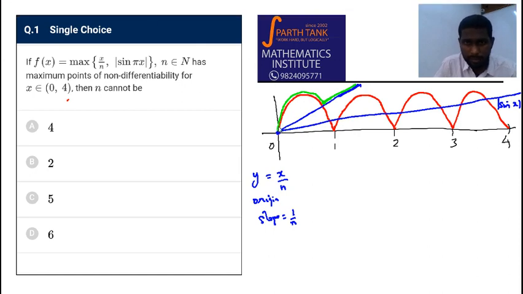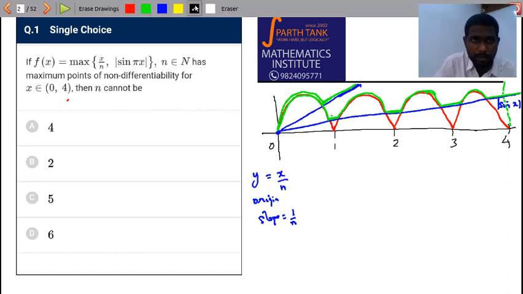If the line cuts through everything, then see what will be the maximum function. It will be like the new green. Okay, this is maximum in this region, and here this line is maximum, and again the sine is maximum here, and again here the line is maximum. In this area again the sine curve is maximum, here the line is maximum. In this curve sine is maximum, here the line is maximum, and it may cut further, but we are looking only in this region till x is equal to 4. So you see it will have 1, 2, this points.